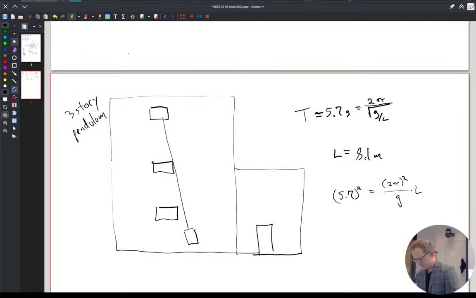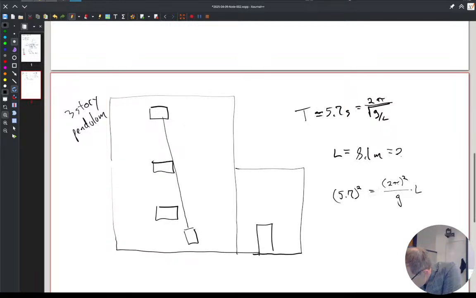Yeah, it's about 2.5 stories. How tall is a story? 10 feet.